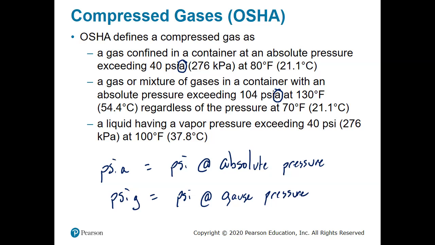So if you do a little bit of quick math here, a compressed gas needs to only have a gauge pressure of about 26 psi.